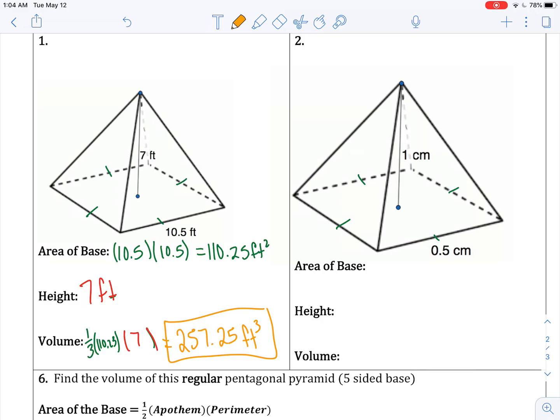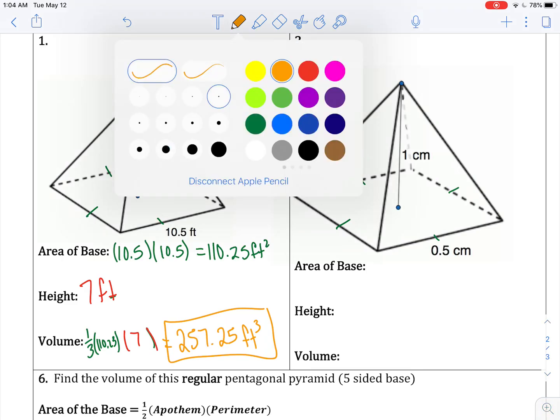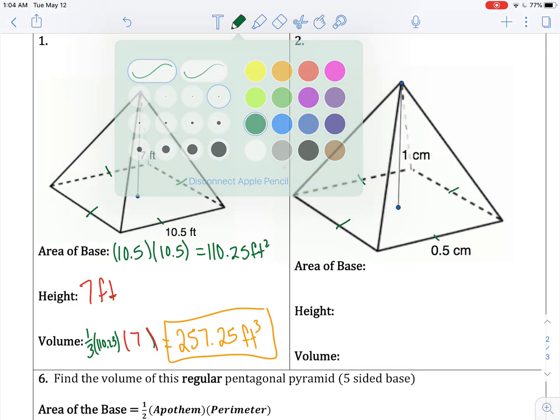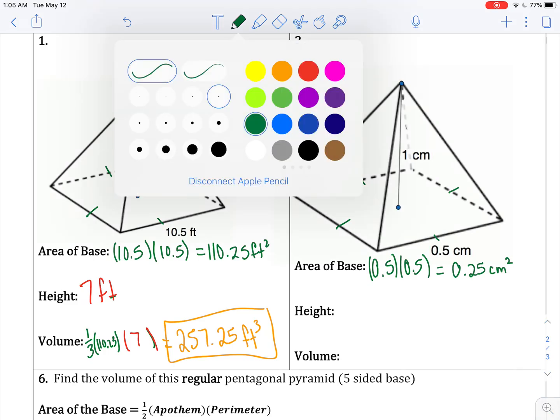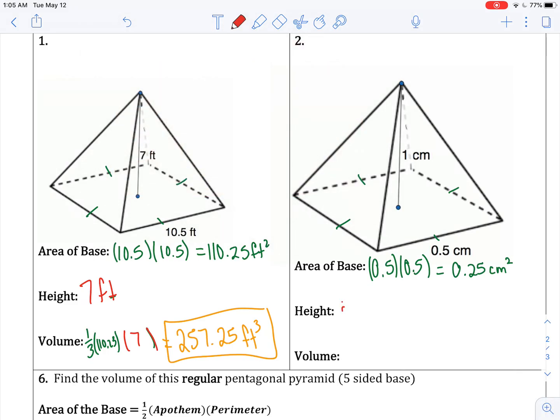All right, let's try the same thing over here. Since this is a square pyramid, the area of the base is going to be 0.5 squared, or 0.5 times 0.5, which is 0.25 square centimeters. The height we know is 1 centimeter.